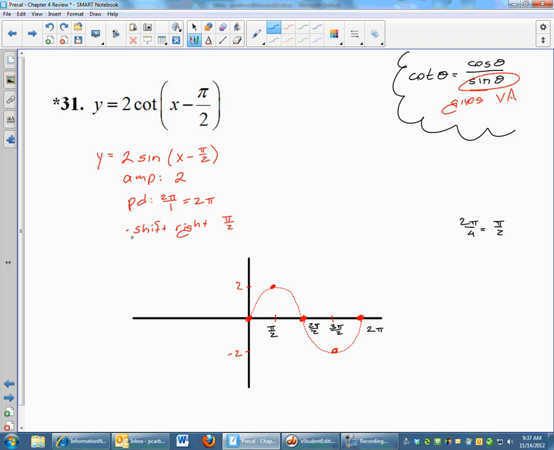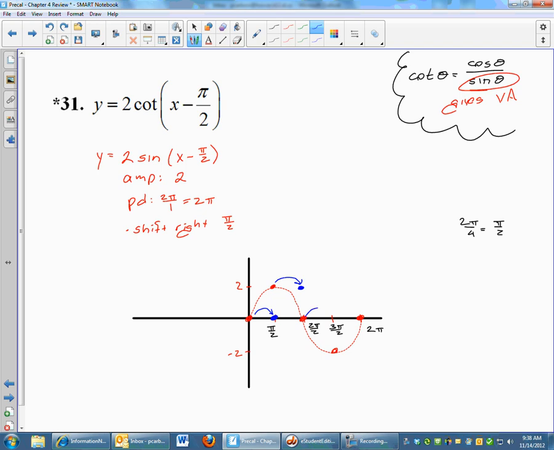Then I now need to shift to the right pi over 2. So I'm going to take each of these x-coordinates, and if I shift right pi over 2, this is going to be a nice one, because my x-axis is labeled in intervals of pi over 2. So each point is simply going to shift to the right one interval, pi over 2. This point is going to shift to the right 2 pi over 2.